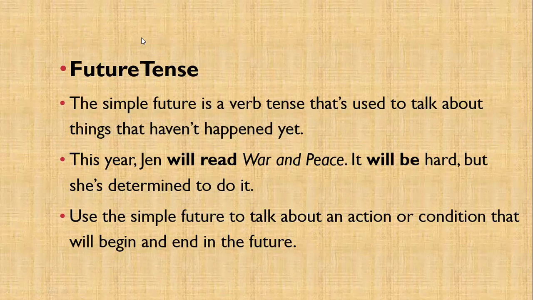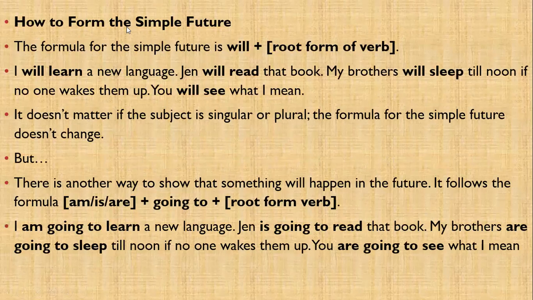Okay, let's continue. How to form the simple future. The formula for the simple future is will plus the root form of the verb. For example, I will learn a new language.